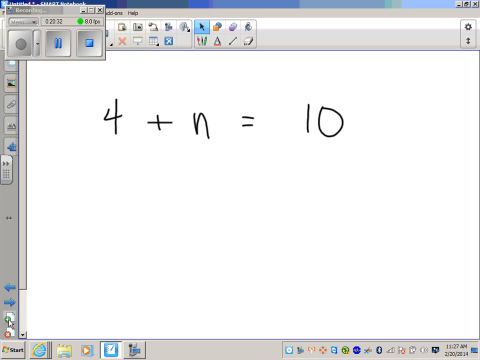Same thing. Is my n positive? We're good, right? What kind of 4 is this? Positive. I need to get rid of that positive 4 so I can get n all by itself on this side. How would I get rid of a positive 4, Edsel?